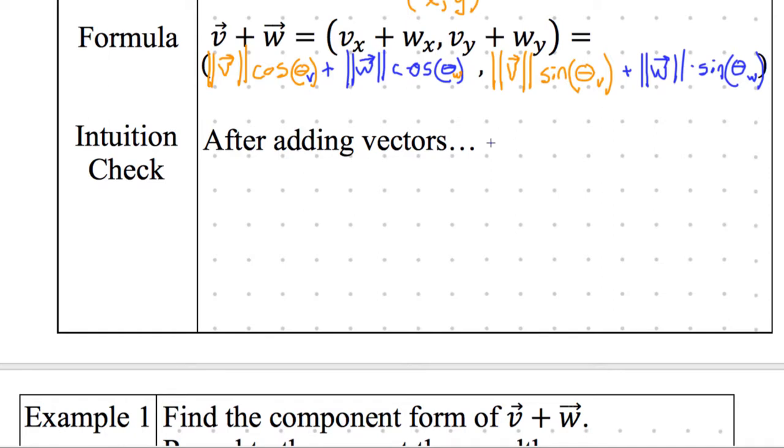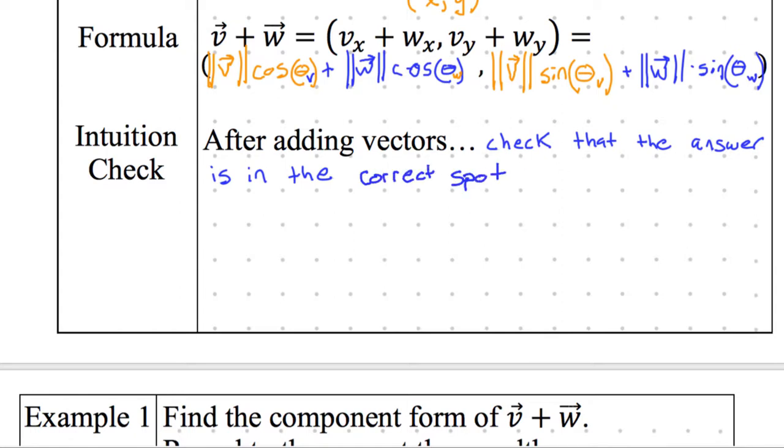After adding the vectors, check that the answer is in the correct spot. And at the bare minimum, the correct quadrant.